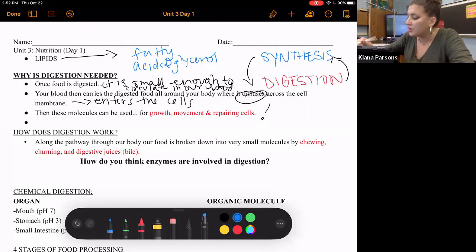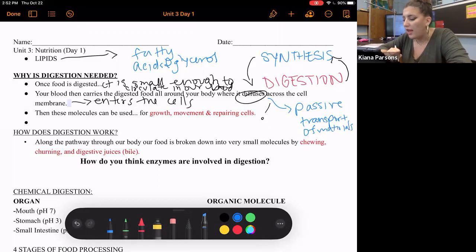But that is a word to describe passive, so it doesn't require energy, transport of materials. And on your papers, these text bits that are in red are missing, so make sure that you include for growth, movement, and repairing cells after this bullet point there on your paper.